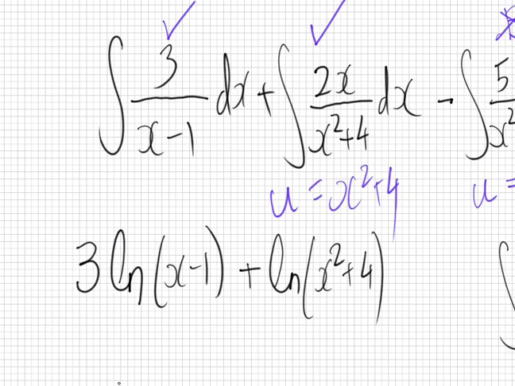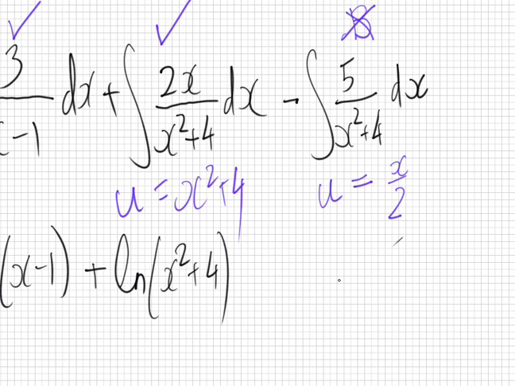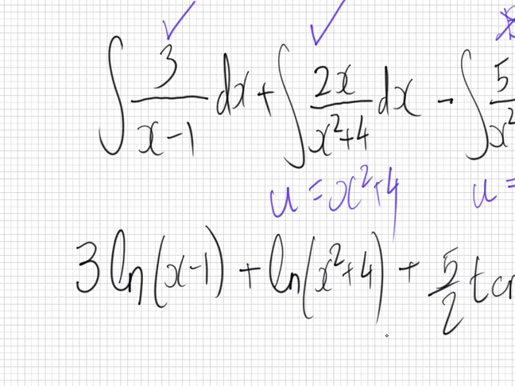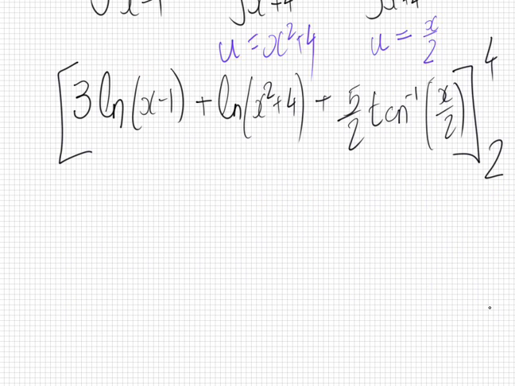Okay, so if I go back here now, I have the answer. Can you read it back to me? What was it? 5 over 2 tan inverse x over 2. Okay, now what are the two limits here? 4 and 2. So let me put in 4 first.